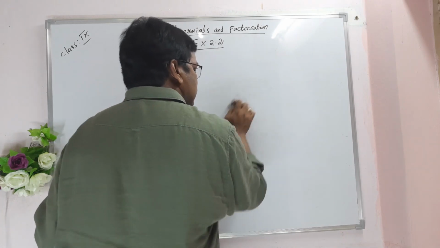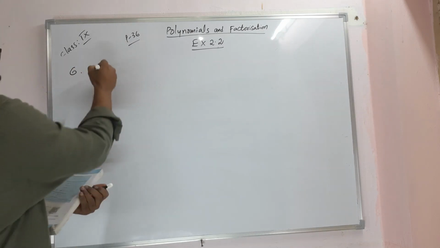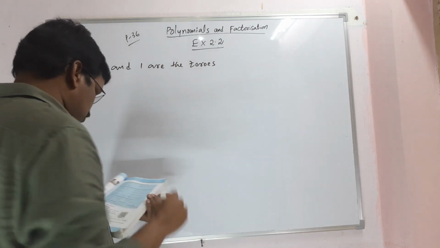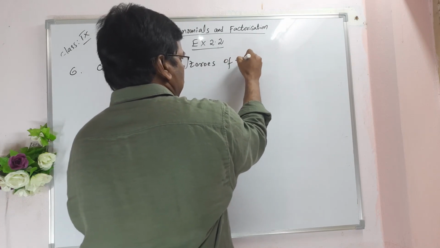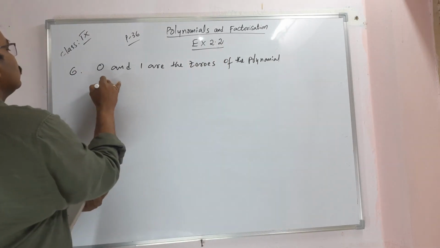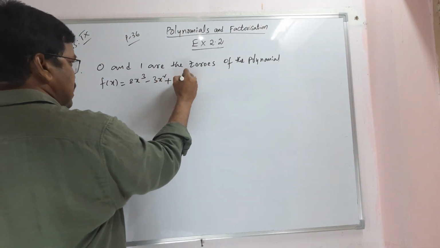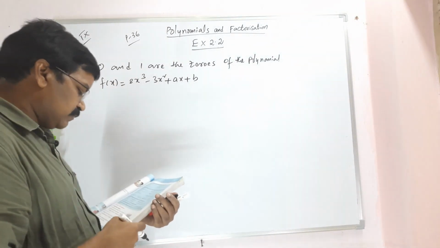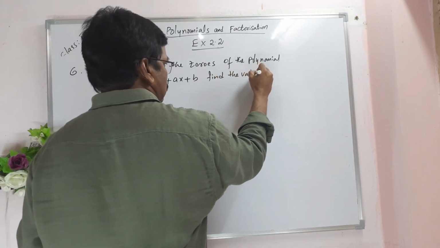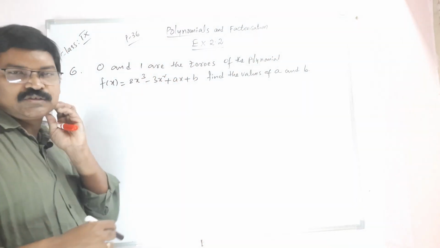What is the question given here? If 0 and 1 are the zeros of the polynomial f of x is equal to 2x cube minus 3x square plus ax plus b, find the values of a and b here.